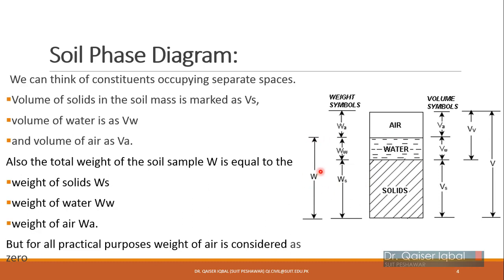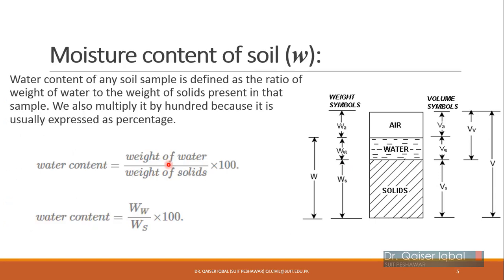So the total weight is equal to the weight of water plus the weight of soil solids, and the total volume is equal to the volume of air voids plus the volume of water plus the volume of soil solids. Moving on, the first important property we are going to discuss is the moisture content of soil.